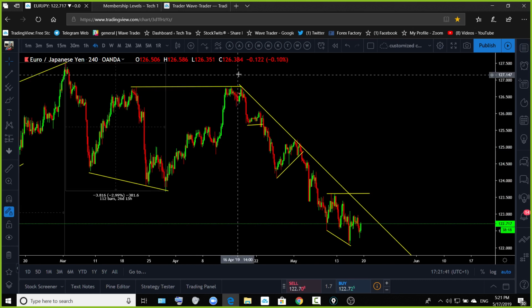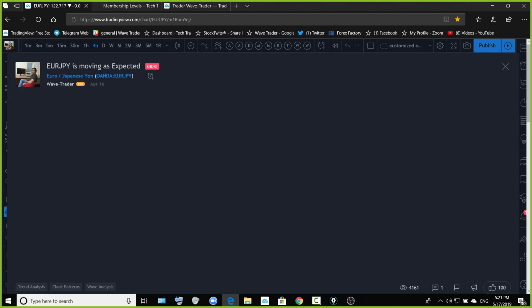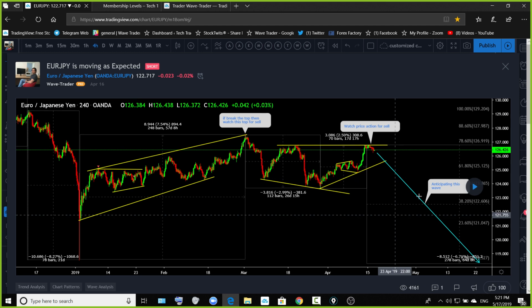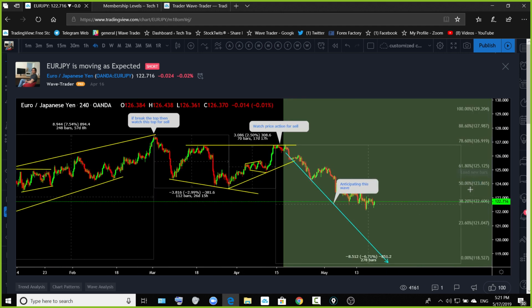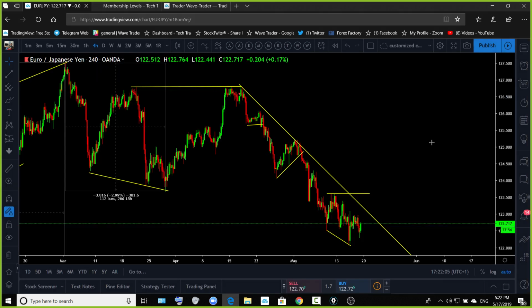And similar analysis on the euro yen. We are looking for it to correct or form an expanding triangle and continue for the next leg to the downside.